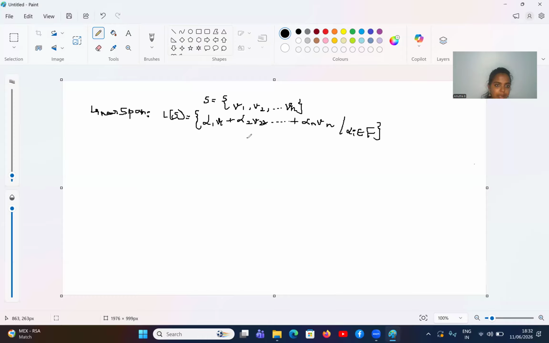Next concept, we should know what a basis is. A basis is nothing but a combination of the two concepts we have studied. A set B is said to be a basis if it satisfies two conditions. First, it should be a linearly independent set.